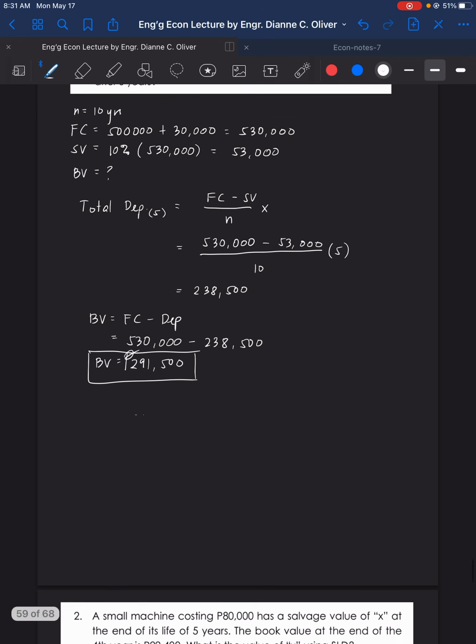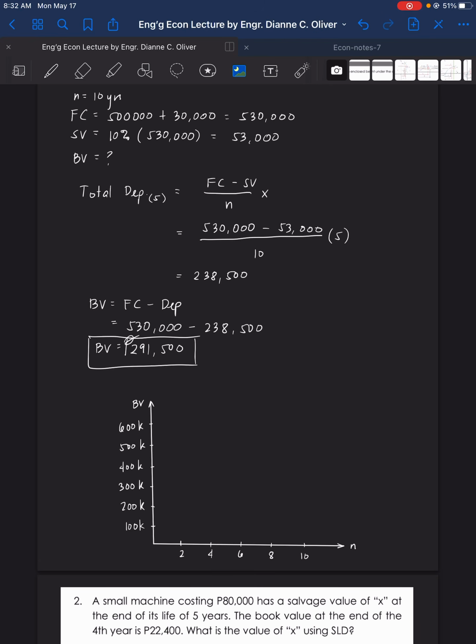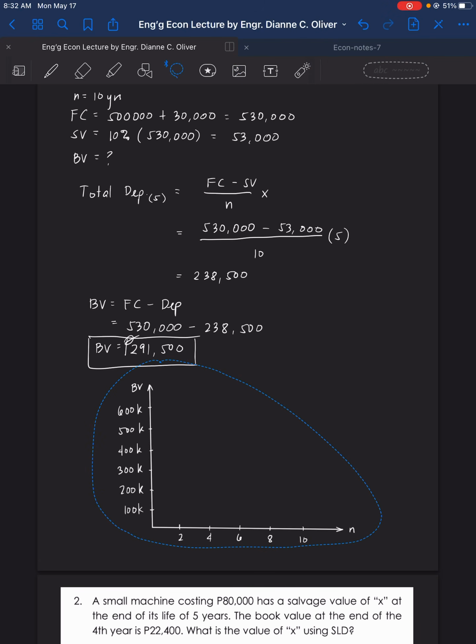Now, let's see the relationship of this in the graph. So we have here the graph. We have the book value in the y-axis and the n in the x-axis. The n is the life of the equipment, or the number of years.